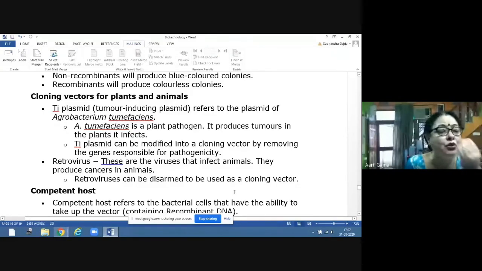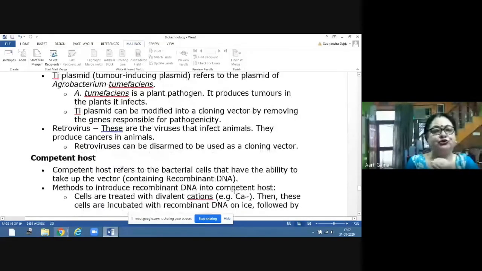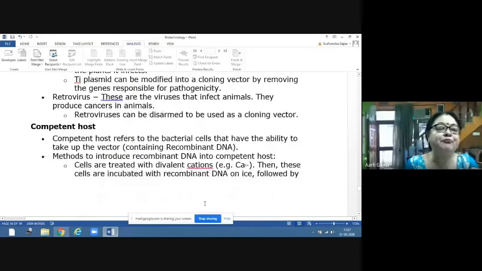Now, what is the competent host? Who is the competent host, where the bacterial cells should take up the vector? What is a host? The host is the one which should take up the recombinant DNA. So competent host refers to the bacterial cells that have the ability to take up the vector. And the vector is containing what?